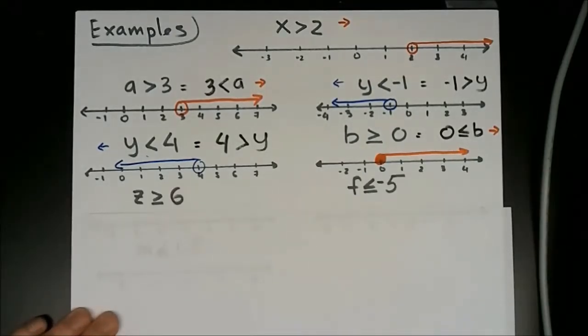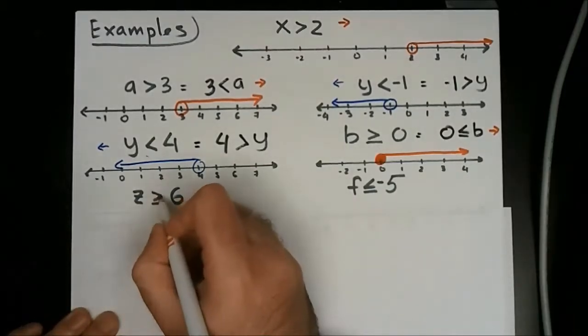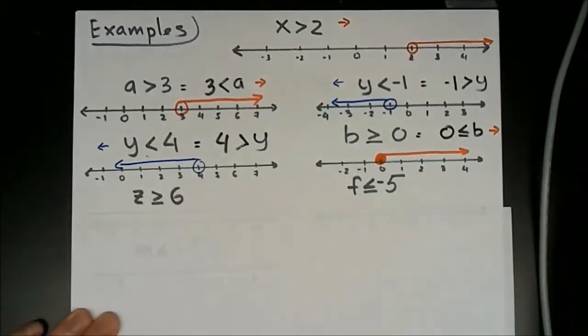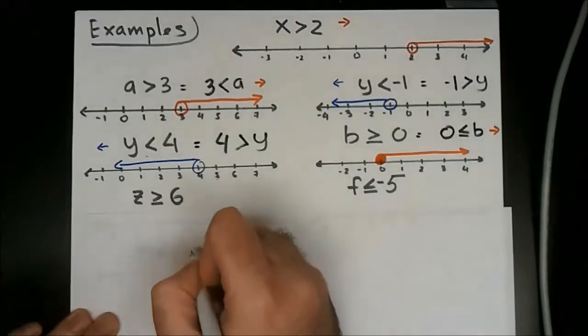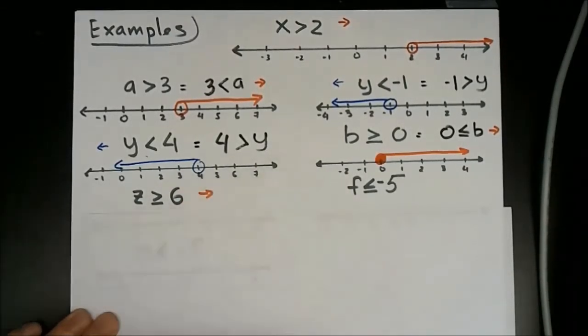Okay, let's look at this one. Z is greater than or equal to 6. My variable is facing the larger or the blunt portion of the alligator symbol. So which direction am I going? Right.